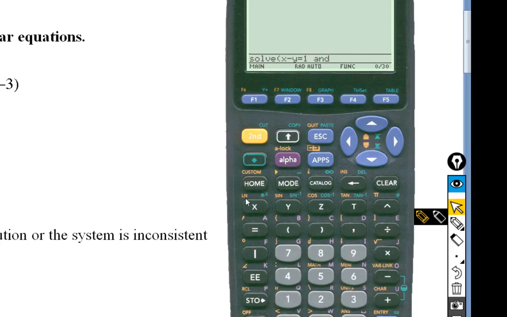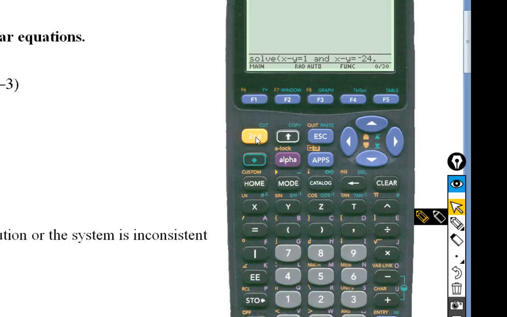And then we enter the next equation. X minus y is equal to negative 24. Okay, we close parentheses. And again, as usual, we're going to access the braces.